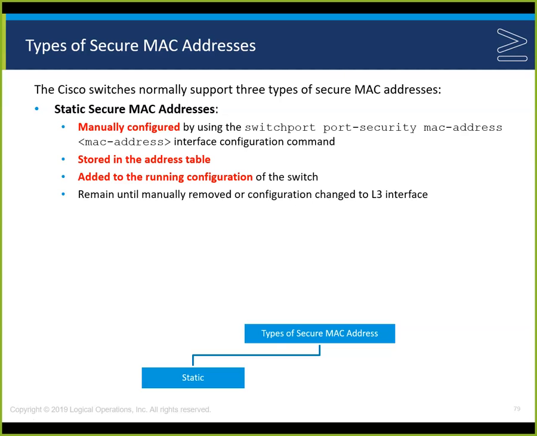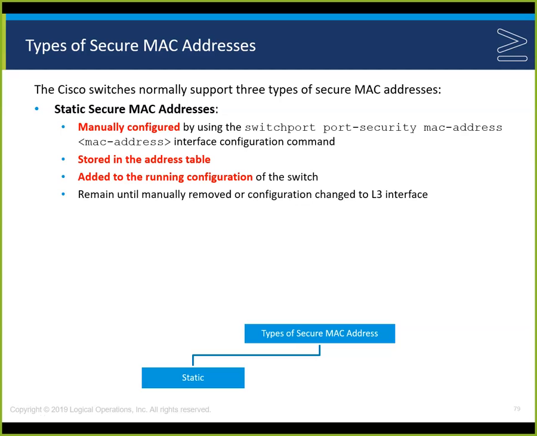It normally supports three types of secure addresses. Manually configured: you type it in, it's stored in the address table, and added to the running configuration file. Dynamic: stored in the address table, this is the default, the dynamically detected addresses. Dynamic addresses do time out, but when we enable port security it disables the time component, so they won't time out.